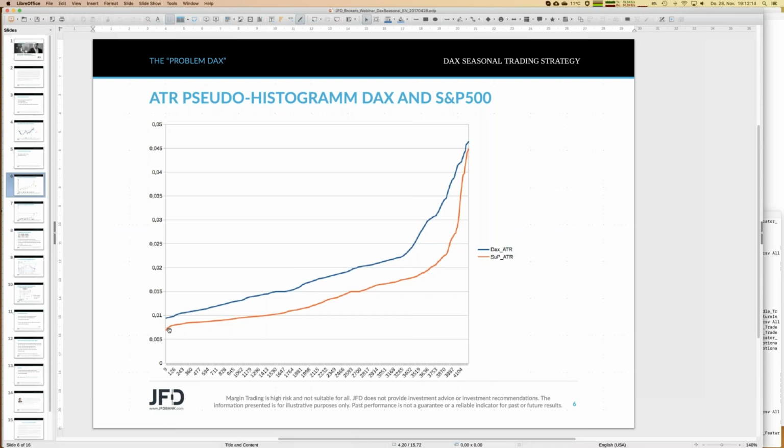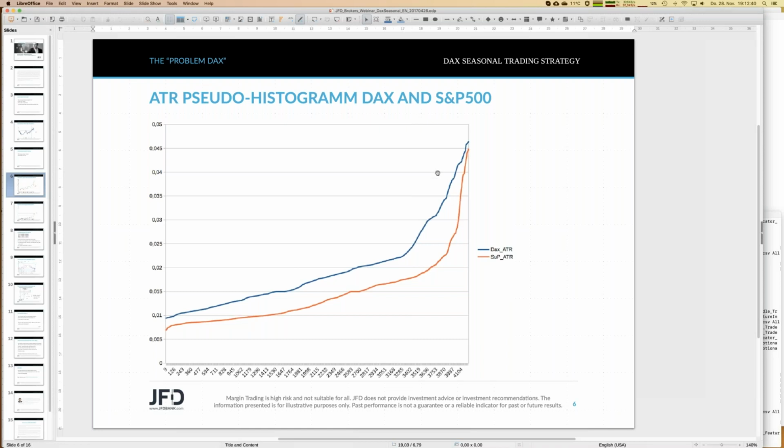charting software, the ATR is plotted as an absolute number, but that's not good because we always have to compare the ATR to the price itself. Therefore, I plot the ATR in percent of the price. So we start here with something like 0.6% and go up until here. And the same is done for the DAX.